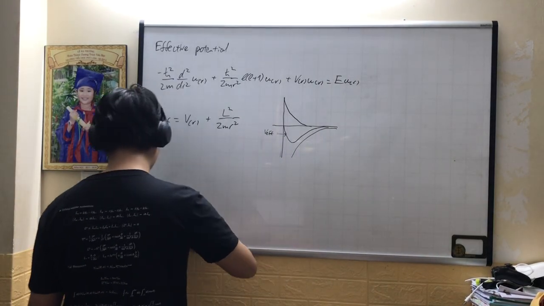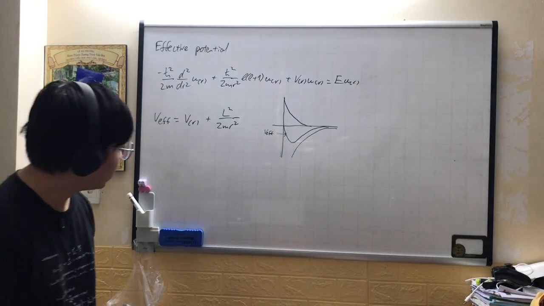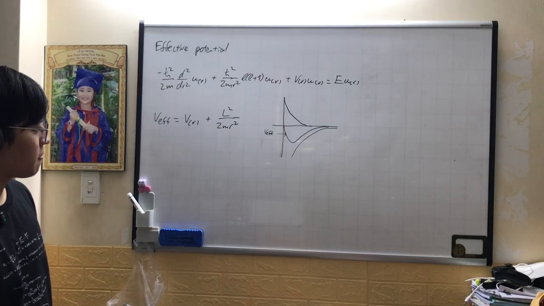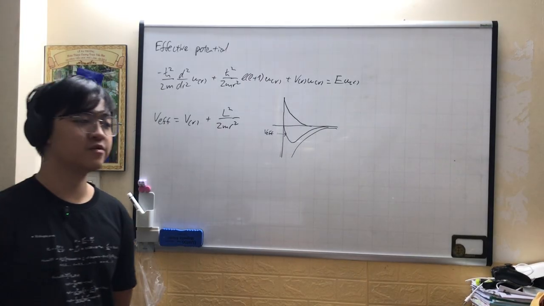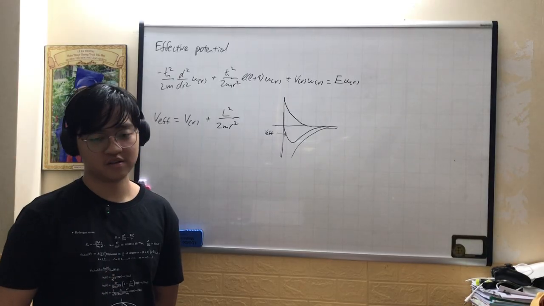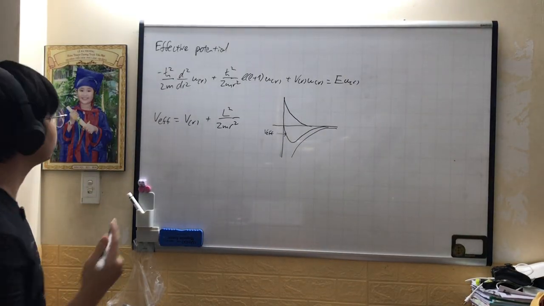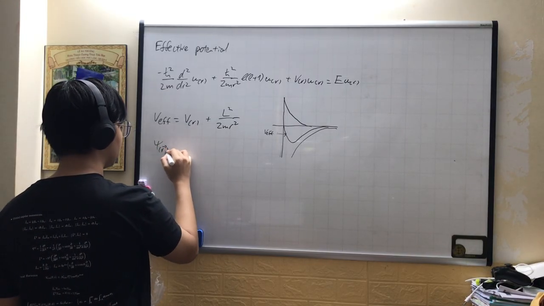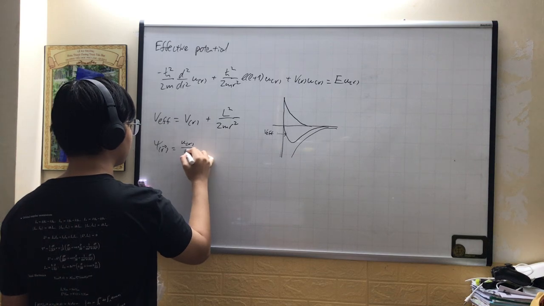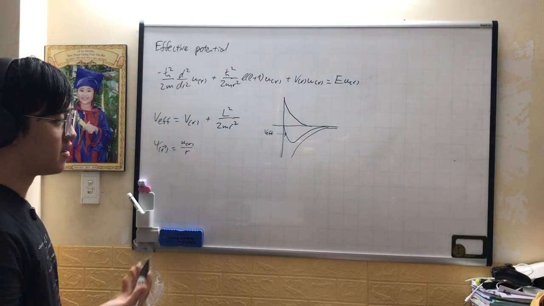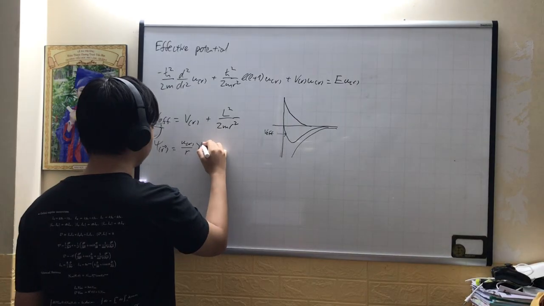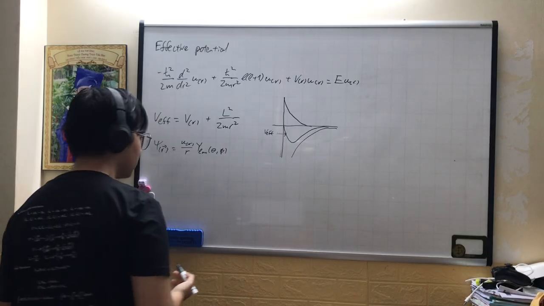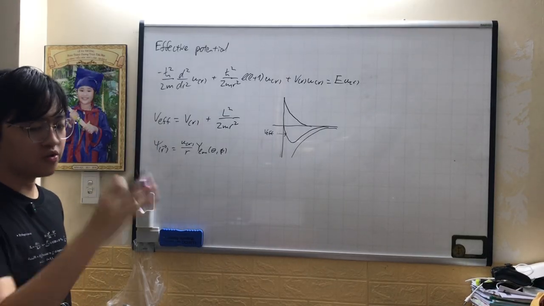To do that, you take a look at the origin, and according to the effective potential, U has to vanish at the origin. So we're going to take our wave function as U(r) over r instead for the R of r, and Y_lm of the angles theta and phi. Now we're going to try and normalize this.